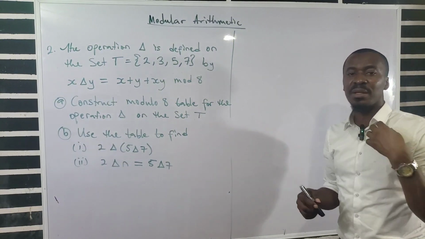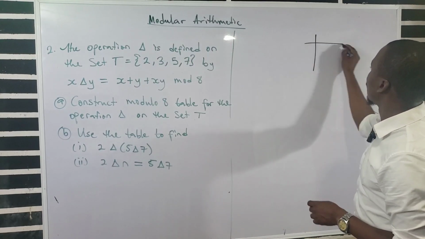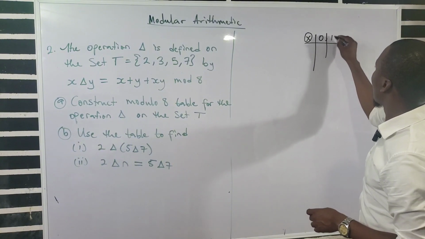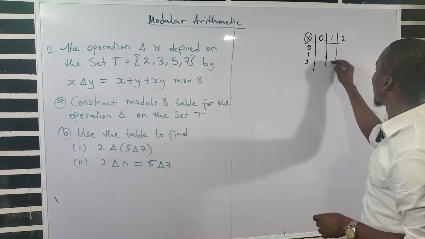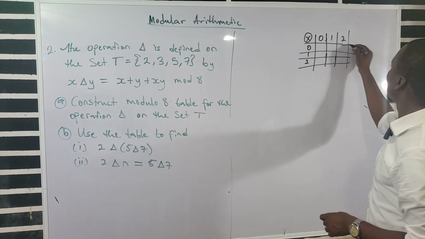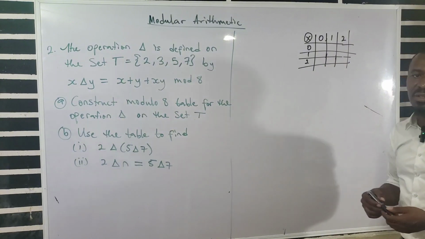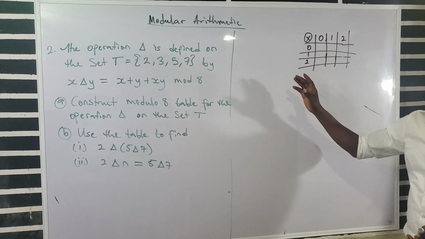If I'm asked to construct a table of multiplication in modulo 3, this is what I will do. I'll have my multiplication sign, 0, 1, 2, because 0, 1, 2 are the numbers in modulo 3. So all I need to do is to find the value that will be inside these boxes. So this is multiplication in modulo 3.